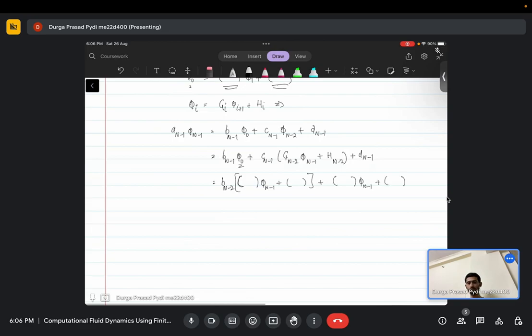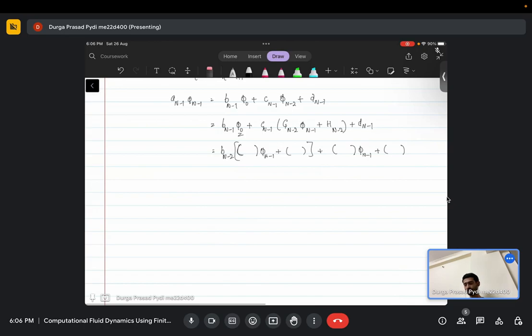I am not writing the expressions. It is a little algebraic equation, so you can just solve these things. You just bring all the phi n minus 1 together and have all the coefficients of phi n minus 1 on your LHS, with some constant on the RHS. From this you will be able to get the value of phi n minus 1.